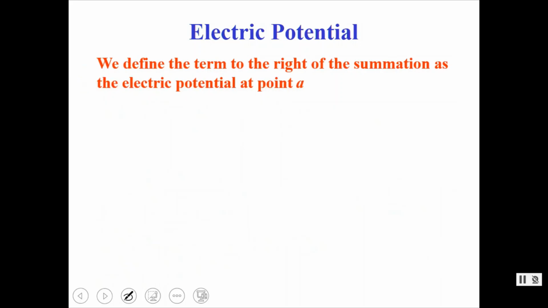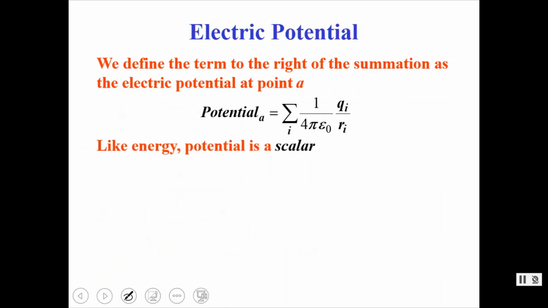So the electric potential would therefore be the sum of all of the potentials at a particular point. Basically you just add up the potential due to all of these different charges. Potential is a scalar. It can be positive or negative depending on the source charges, but it is a scalar, which means there's no vector addition, which is going to make things really easy, because we're going to do things very similar to what we did with the electric field.